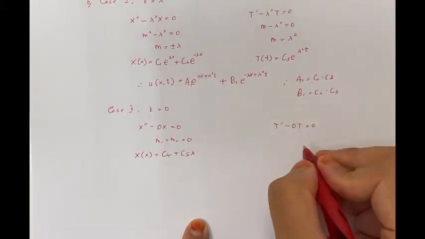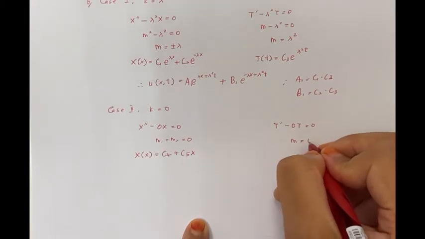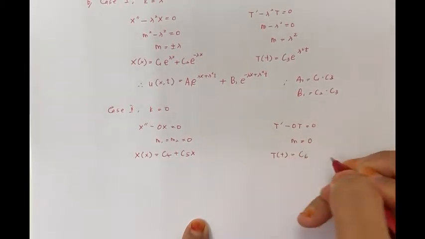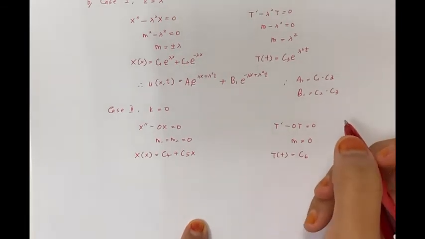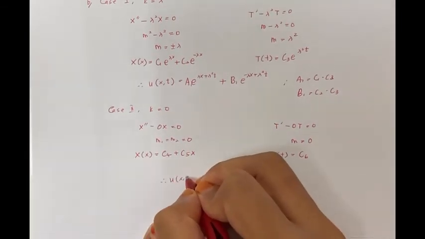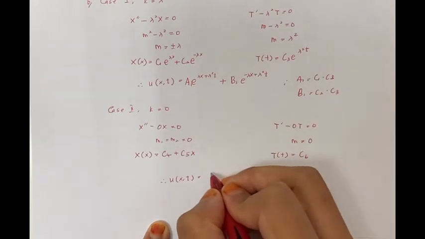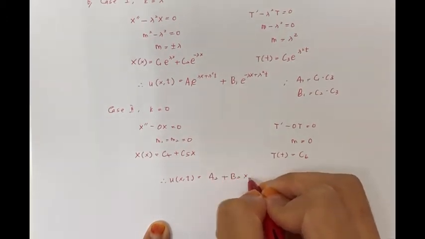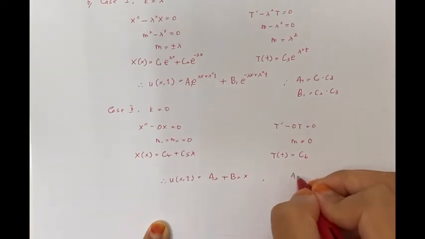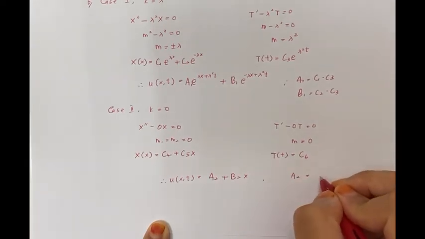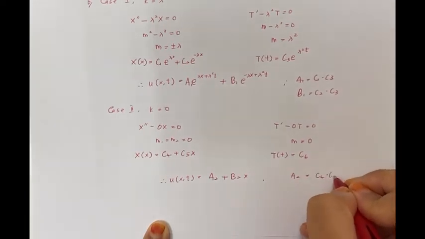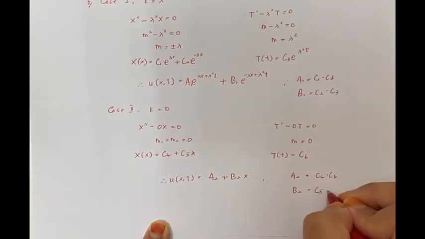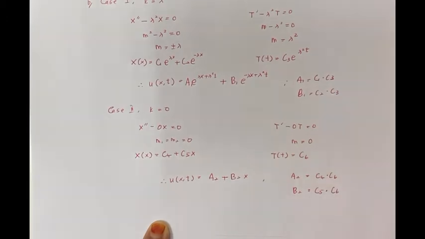So m is equal to 0, and T is equal to c6. And u(x,t) for the second case is equal to a2 plus b2 x. a2 is c4 multiplied by c6, and b2 is c5 multiplied by c6.